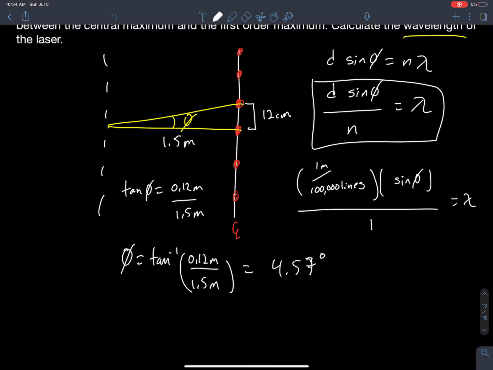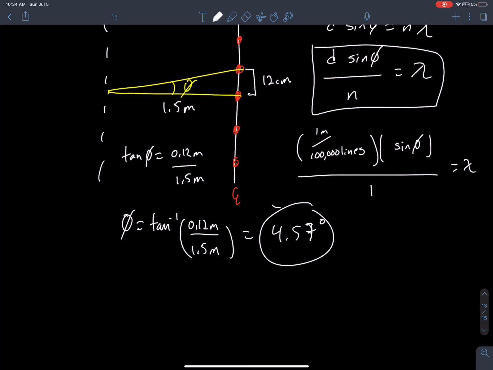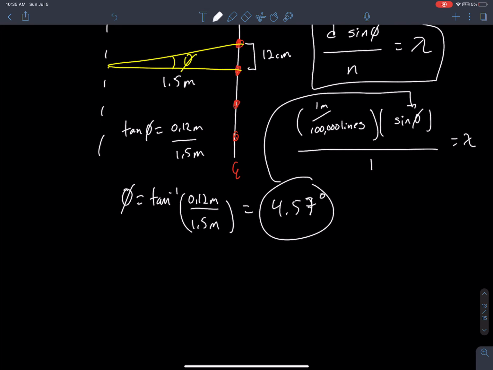Okay, and then if I have that angle, I should be able to calculate everything else. So let's figure out what the sine of that angle is going to be. Then I just have to plug this value in. So I have 1 meter over 100,000 times sine of 4.57 degrees is going to be equal to the wavelength of the laser.